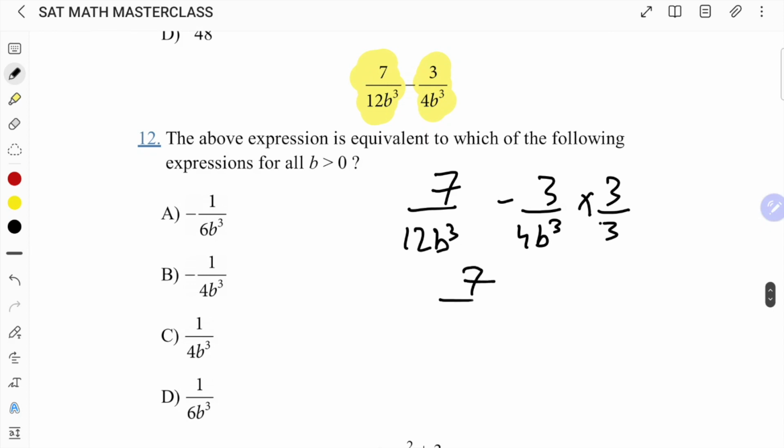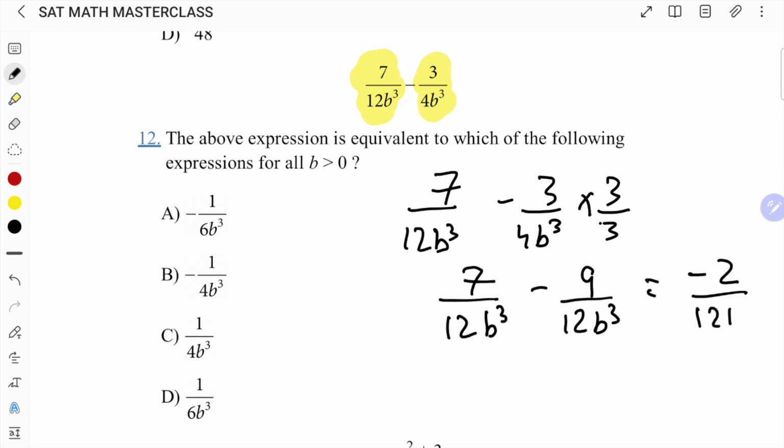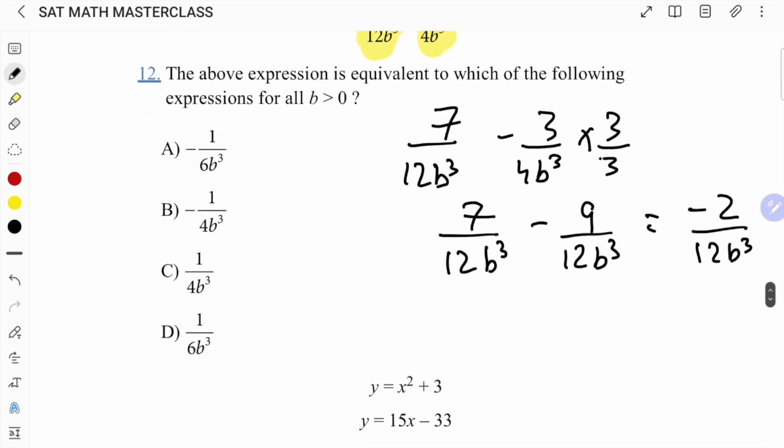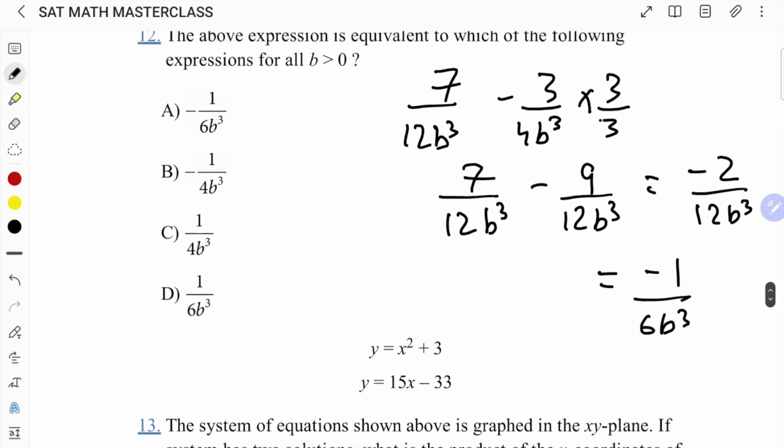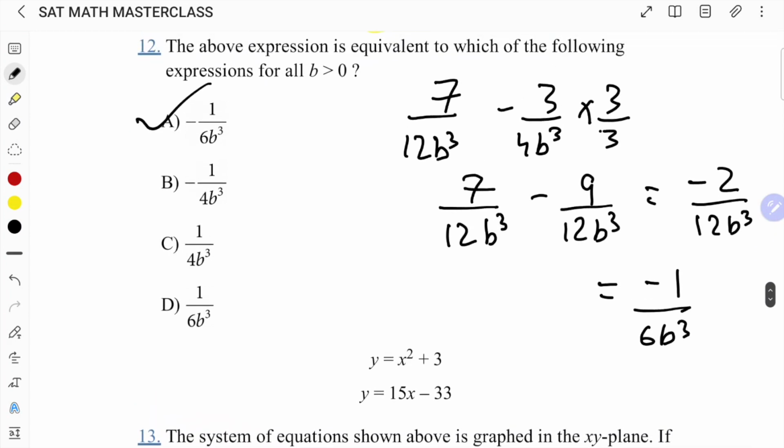Then we get 7 divided by 12b cube minus 9 divided by 12b cube. Then we'll get minus 2 over 12b cube. Once we reduce this, we get minus 1 divided by 6b cube. So the correct option will be option A, minus 1 divided by 6b cube.